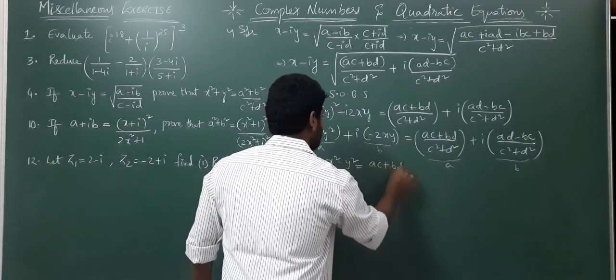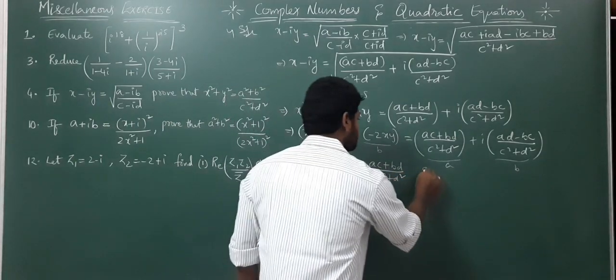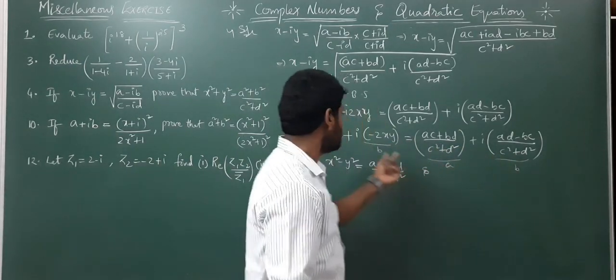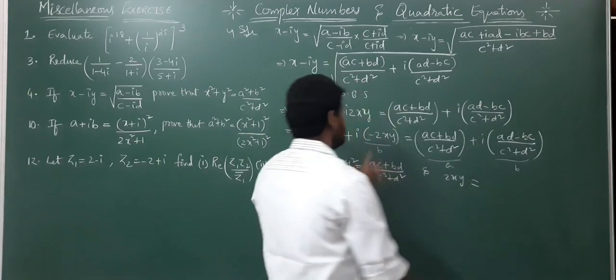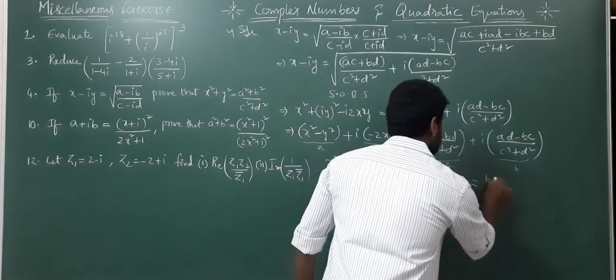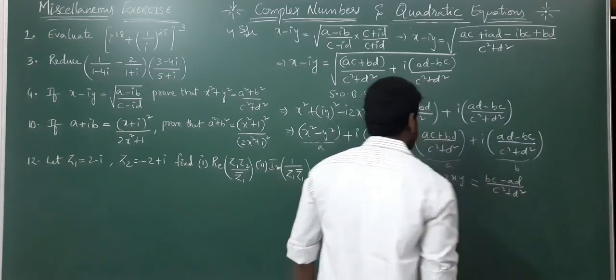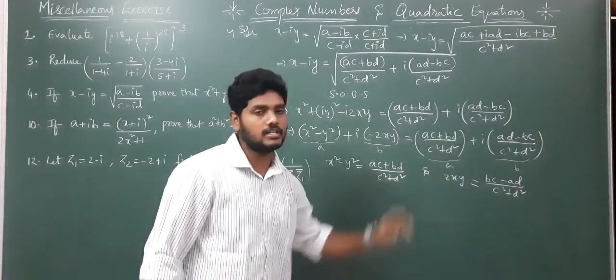AC plus BD by C square plus D square, and here minus 2XY is equal to that. So instead of taking minus 2XY, I will consider 2XY. Then minus we need to multiply to the right hand side, so it will become BC minus AD by C square plus D square. Check it out. So here now we got X square minus Y square and 2XY value.